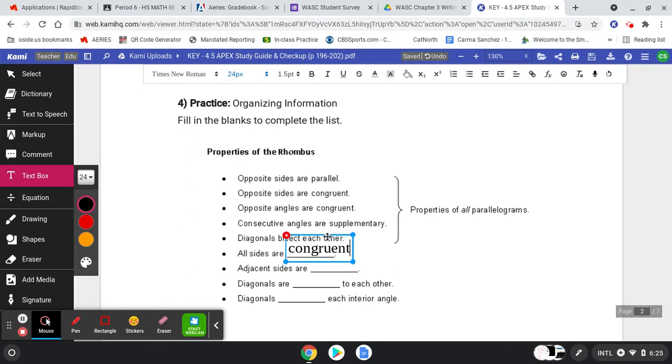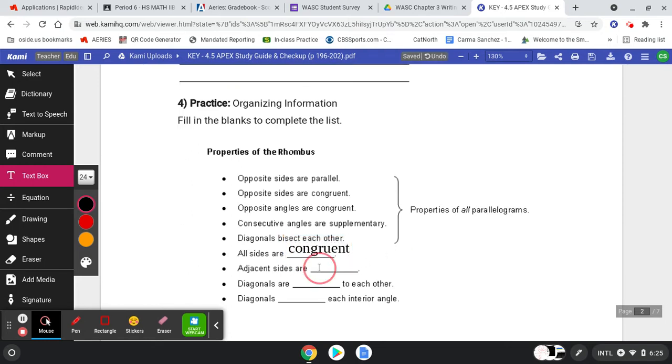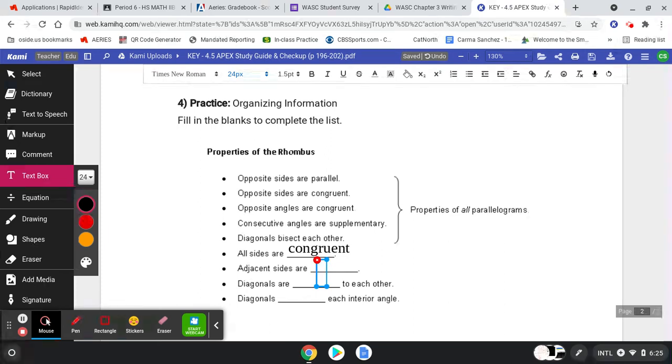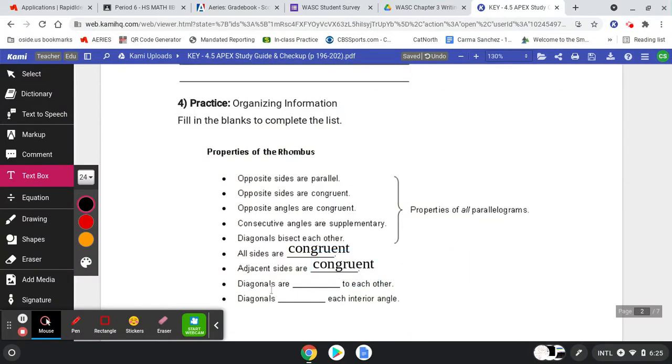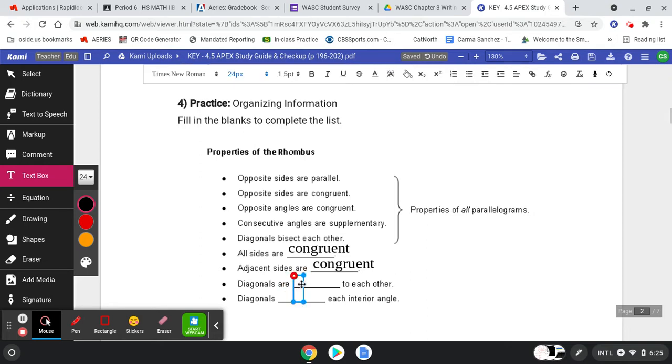So all sides are congruent is the number 1. Adjacent sides are congruent. Adjacent meaning right next to. Diagonals are perpendicular. This is new.